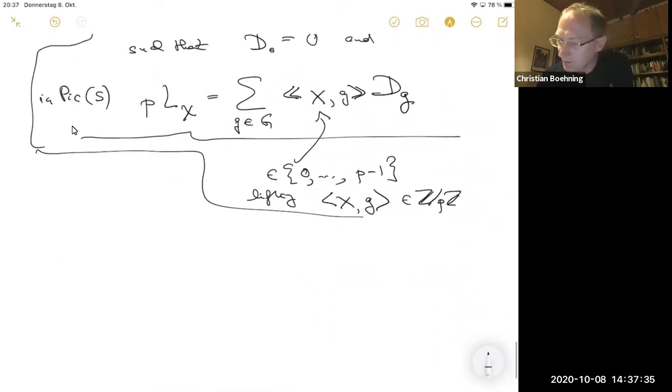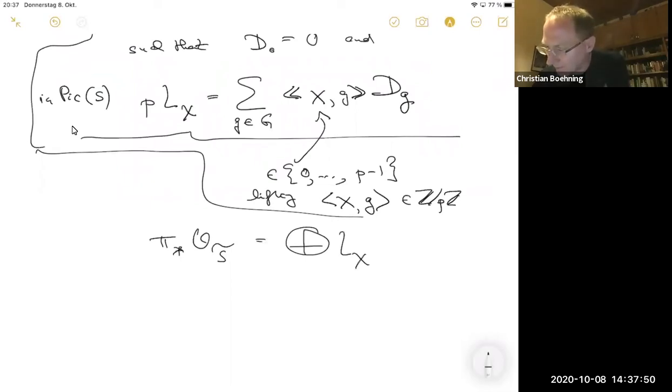So you can think of it as follows. If you start out with a cover, then you can always look at the direct image of S tilde, and that splits into the direct sum of these character sheaves. And those are your L chi.